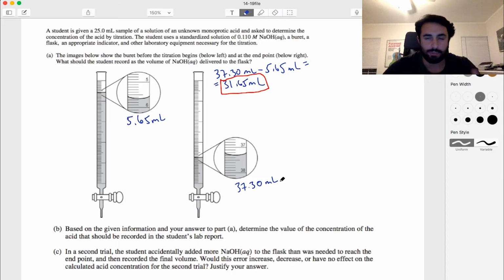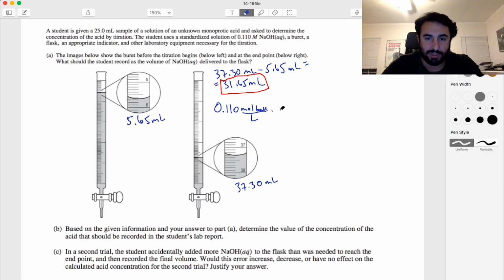So this is the point of the titration. We added some volume of base of known concentration. We're going to use it to get the concentration of the unknown monoprotic acid. So what are we going to do here? Let's take our concentration. We know that we have 0.110 moles of base per liter, and let's multiply that by the volume in liters.